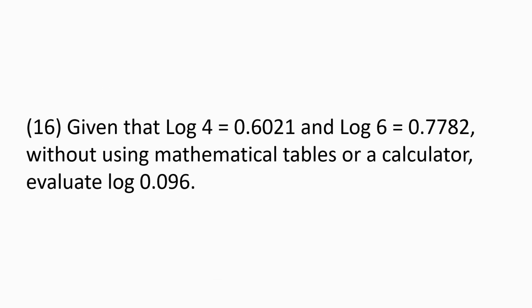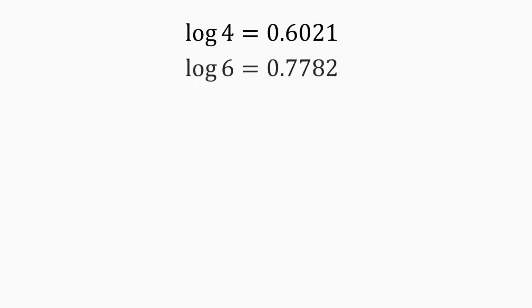Question 16. Given that log 4 is equal to 0.6021 and log 6 is equal to 0.7782, without using mathematical tables or a calculator, evaluate log 0.096. So we know that log 4 is 0.6021 and log 6 is 0.7782, and we need to find the value of log 0.096.